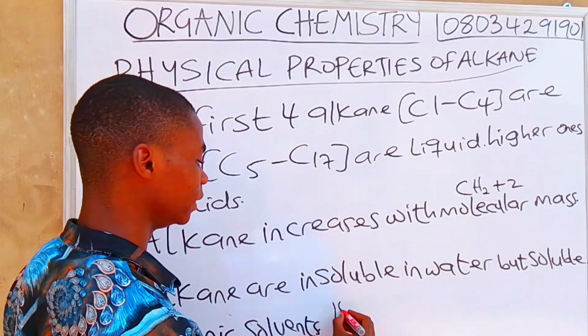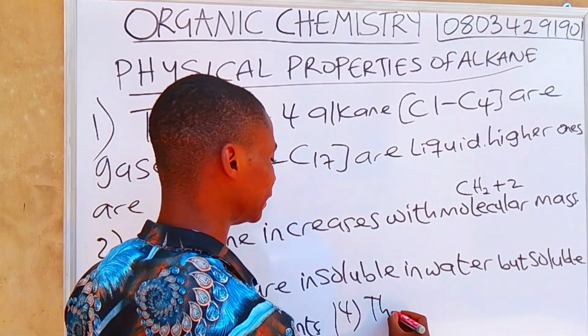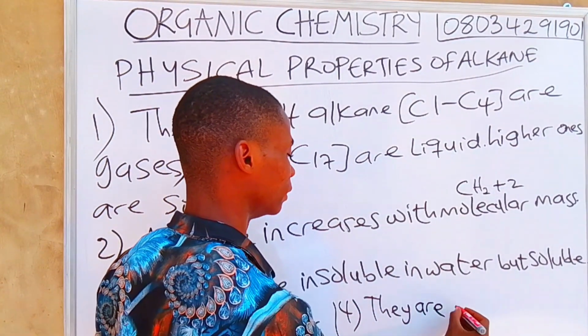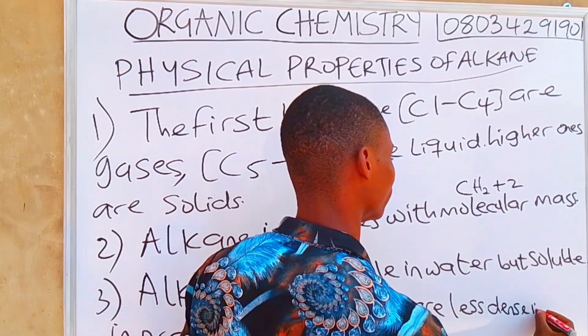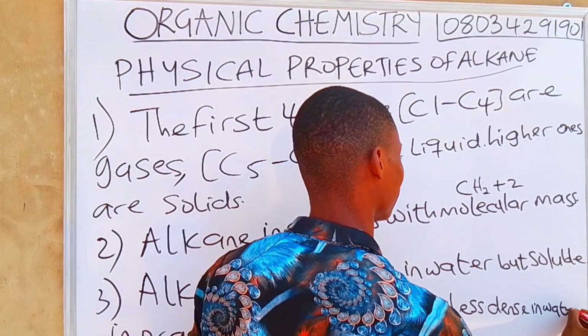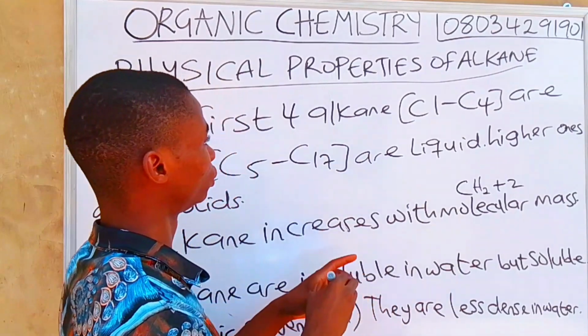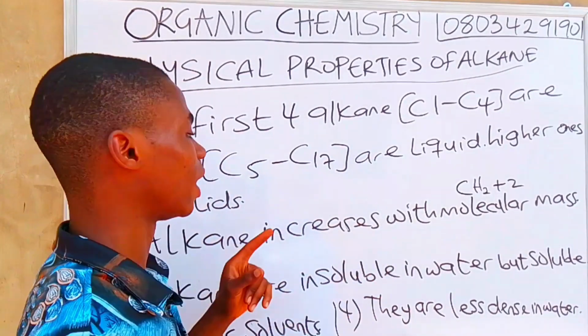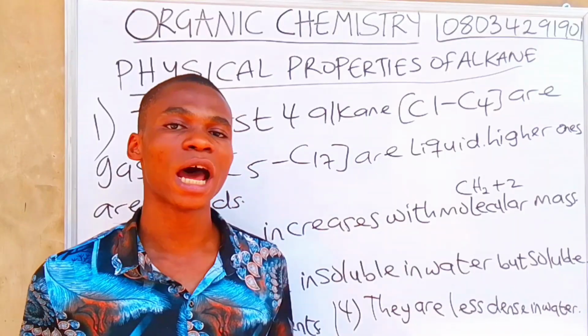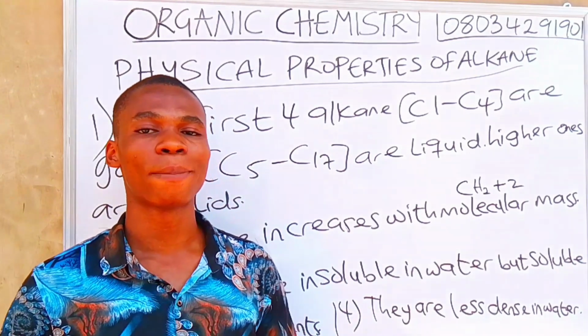The fourth one is they are less dense than water. So make sure you jot these physical properties down. It is very important. So now let's move to the chemical properties of alkane.